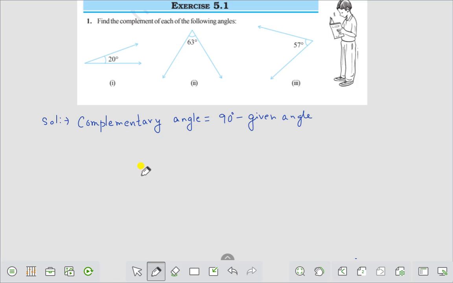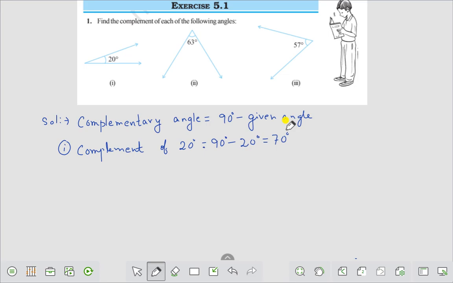right? Therefore, we can say that the complement of 20 degrees is equal to 90 degrees minus 20 degrees, which is equal to 70 degrees.